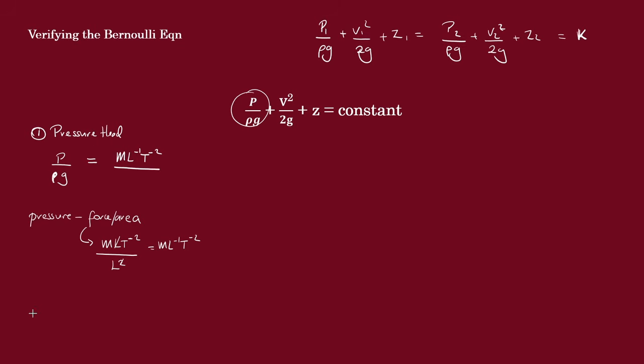Okay, we know density is mass over volume, which is going to be M over L cube. Simple and straightforward. Times gravity. Acceleration due to gravity is an acceleration term, which is length over time squared, so that's going to be L T raised to the power negative 2.